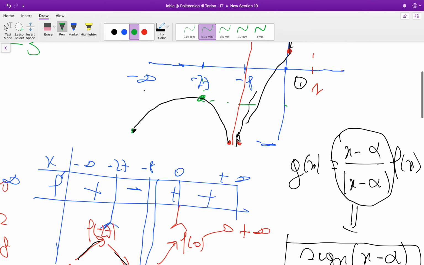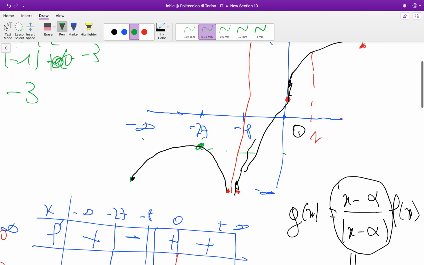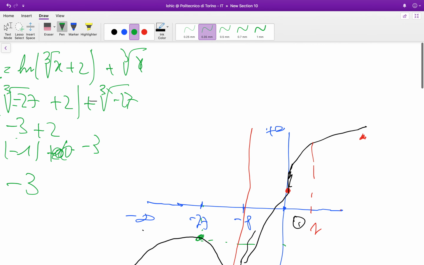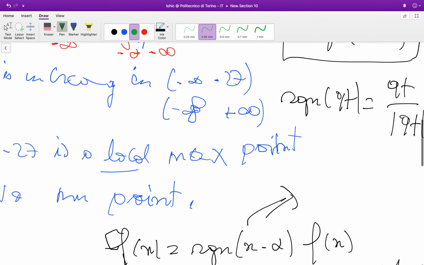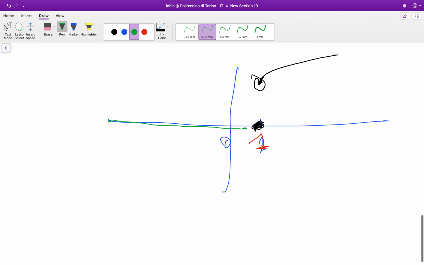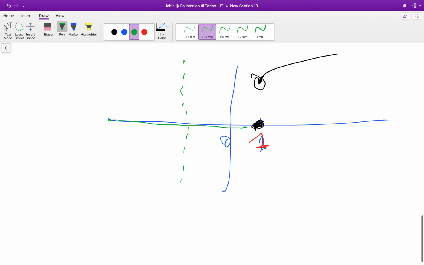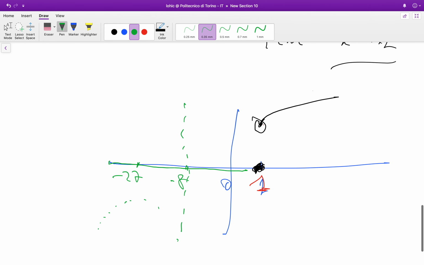It means that where the function was positive it will become negative, and where it was negative it will become positive. So if you draw it, let me put first the line minus 8. This was minus 8. This was minus 27. The f of x was like this. So if I am doing minus, it will become like this.